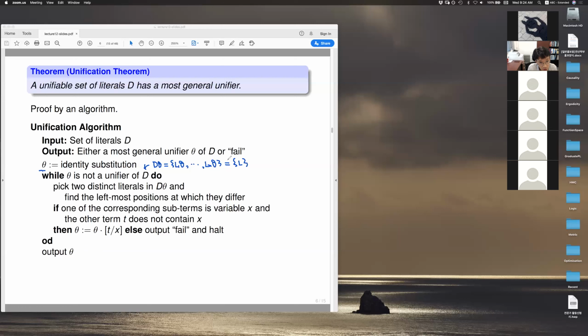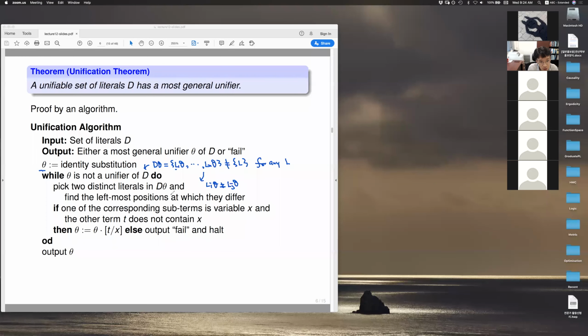So if you go into the loop, that's the case where you can't really make them equal. So say Li theta and Lj theta, they are different, okay? So only then do we go into the loop.